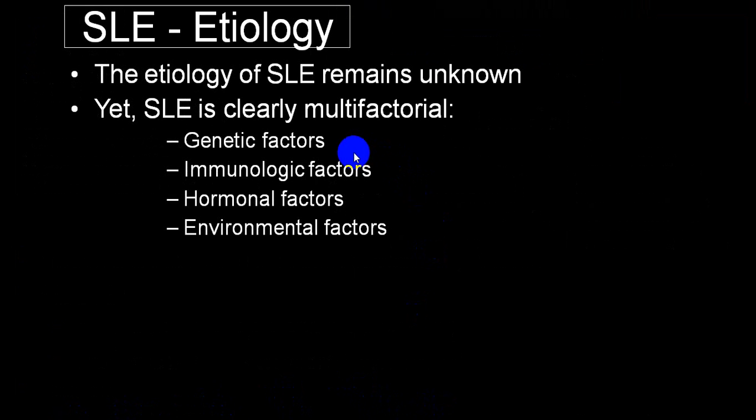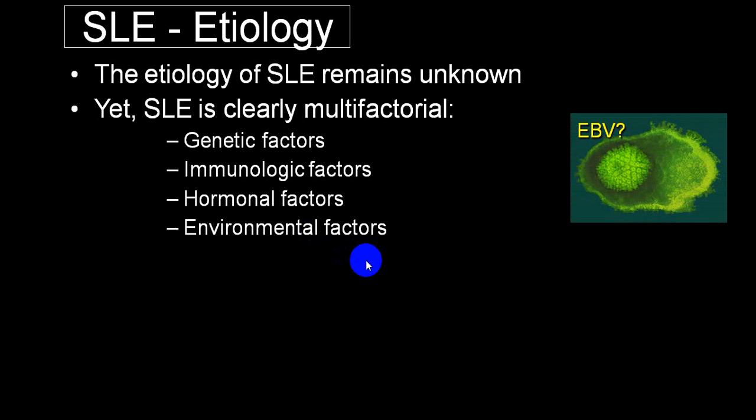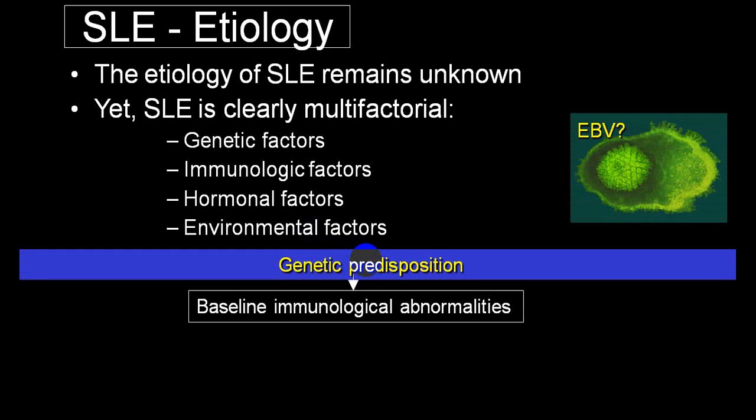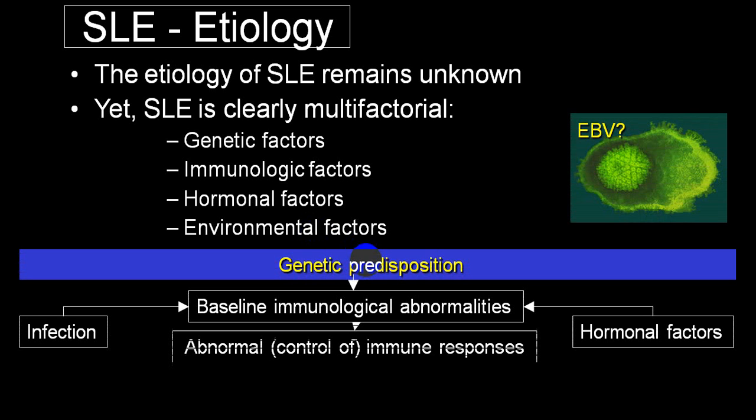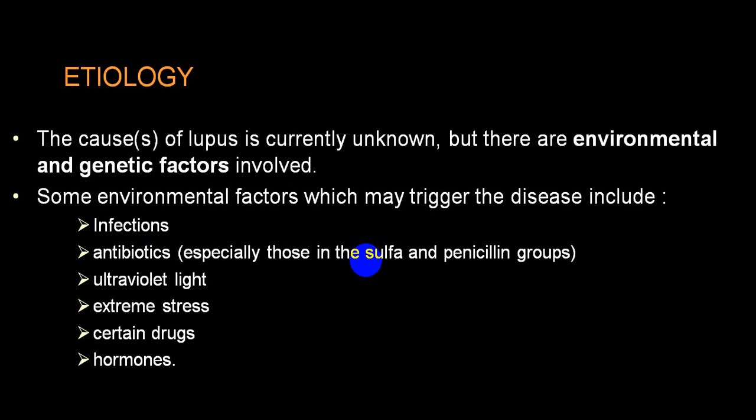So SLE is mainly multifactorial: genetic, immunological, hormonal, and environmental factors. Epstein-Barr virus, genetic predisposition, maybe because of infection, maybe secondary to hormonal factors, or abnormal immune response, can lead to SLE.